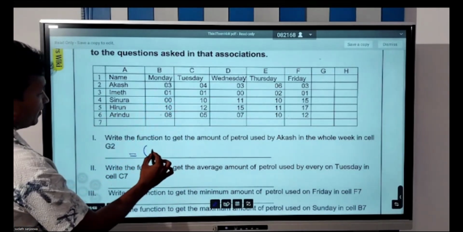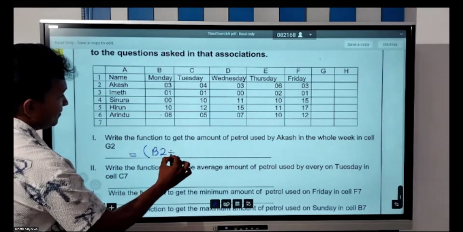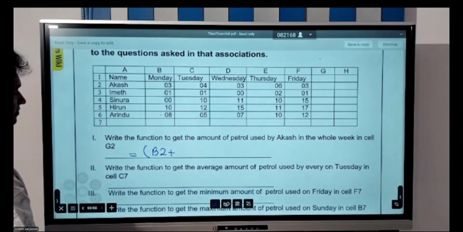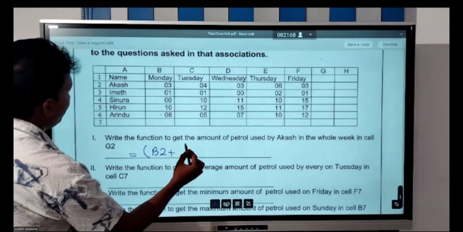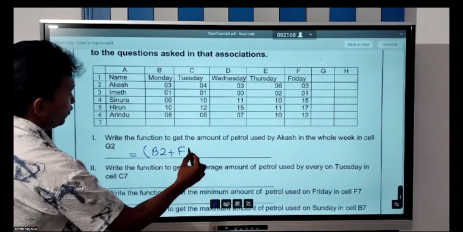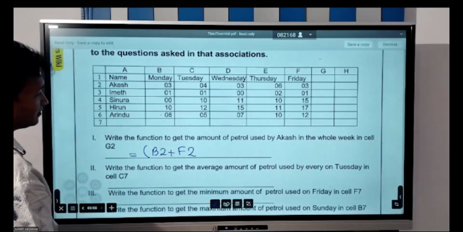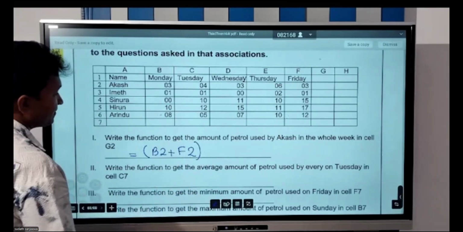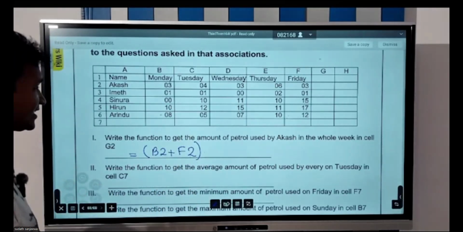B2 plus F2, and close the bracket. Is it?